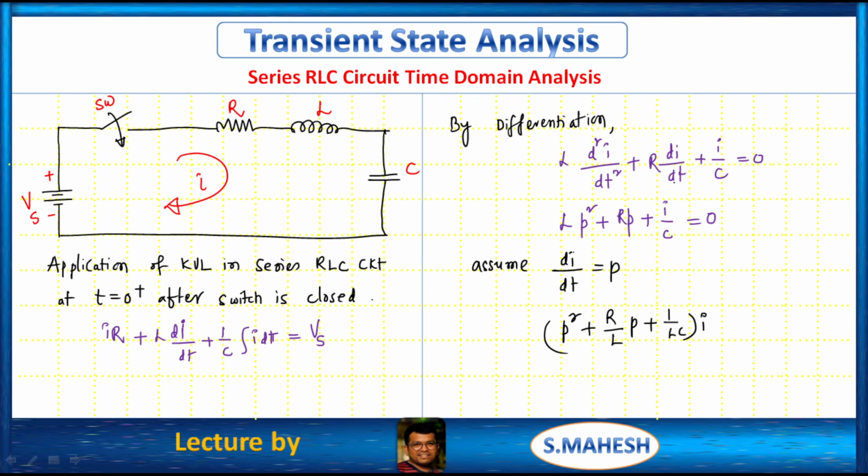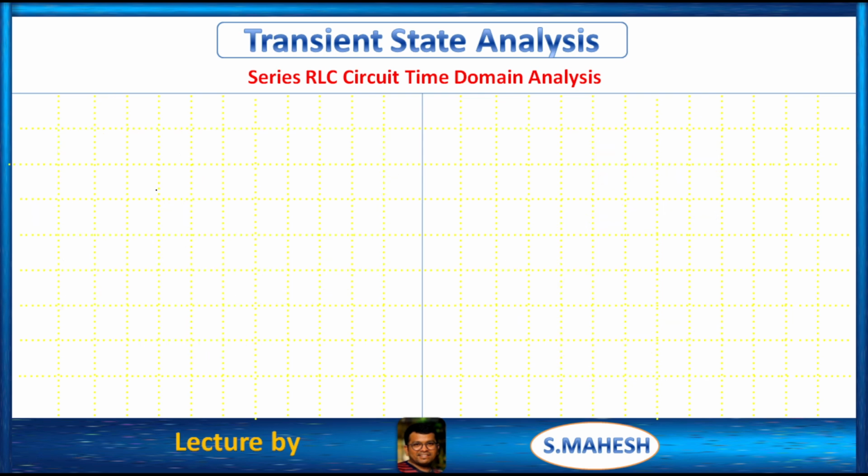In this p di by dt, so like that we have to get this equation, right? Finally we have p square plus R by L into p plus 1 by LC, which is equals to 0. This is what, homogeneous differential equation.